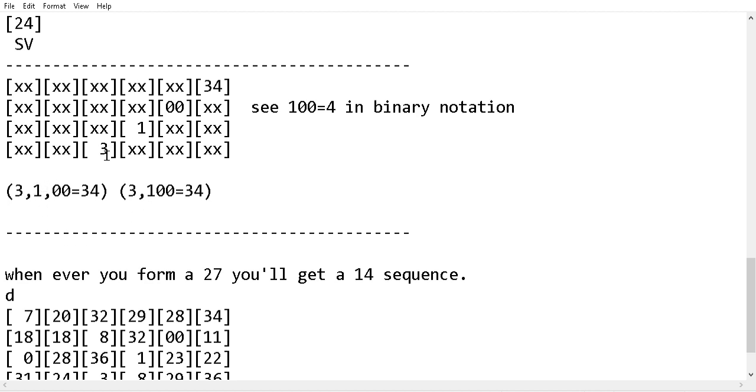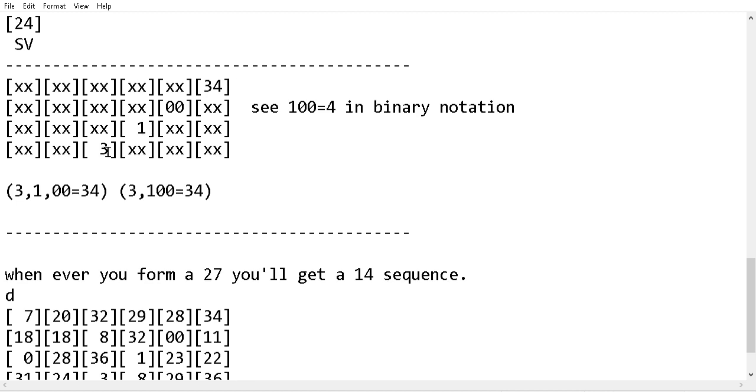But in reality, if we're starting with the sequences going this way, it did it in reverse, so it would be 0, 0, 1. That's 4, right? So it's already playing off this 34 sequence, because if this is 1, 0, 0 and that's equal to 4, you know that if you put a 3 right there, it would make 34. So this is actually 34.